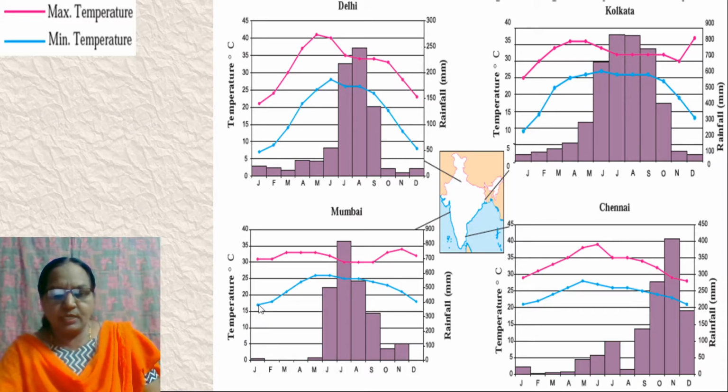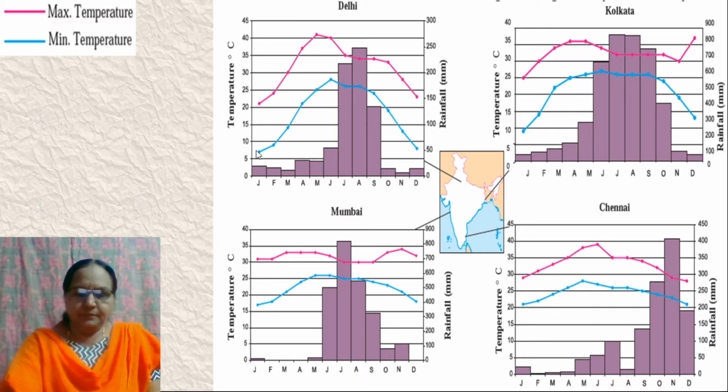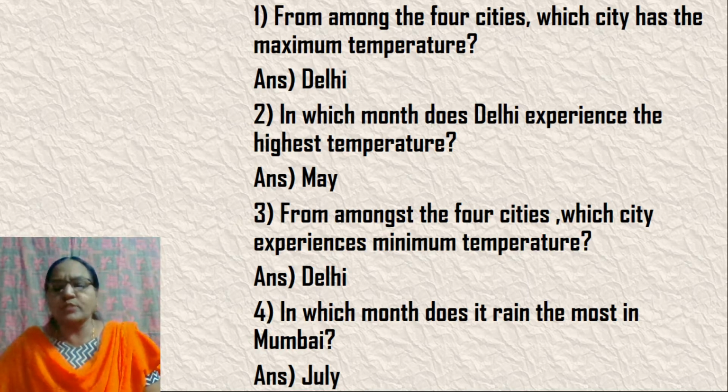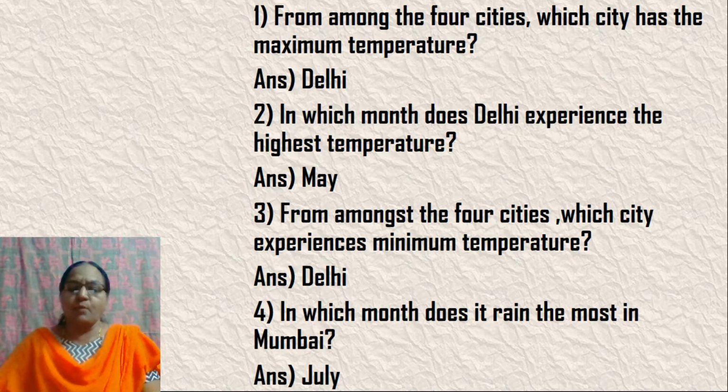Mumbai, it is 16 degrees centigrade. Chennai, it is 21 degrees centigrade. So which city shows the minimum temperature? It is Delhi. So from amongst the four cities, which city experiences minimum temperature? It is Delhi.